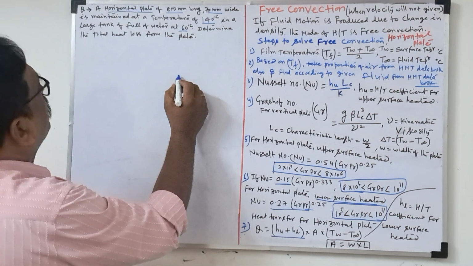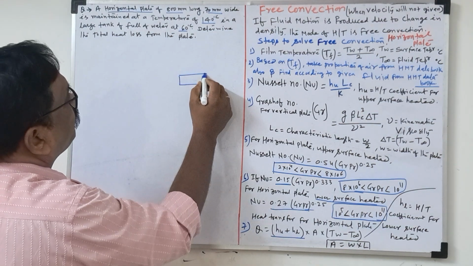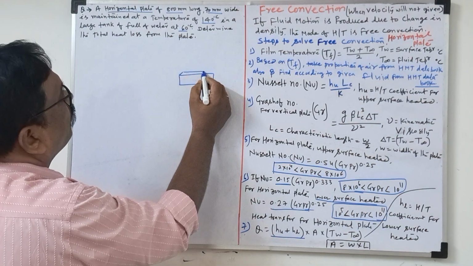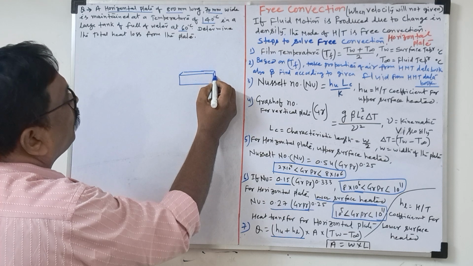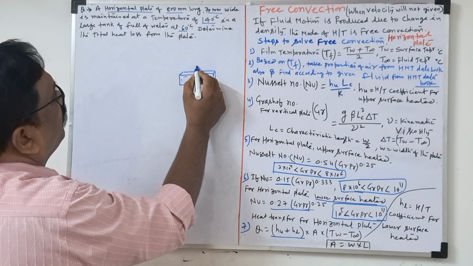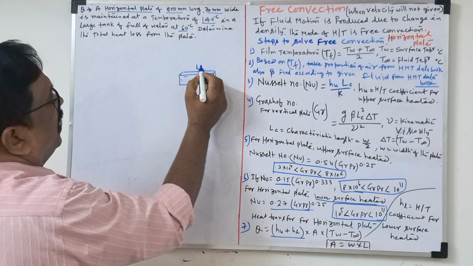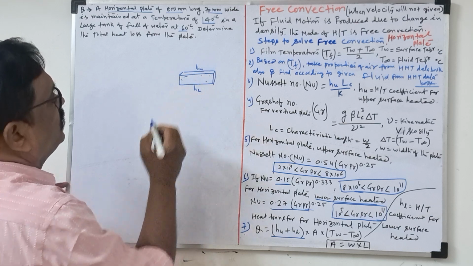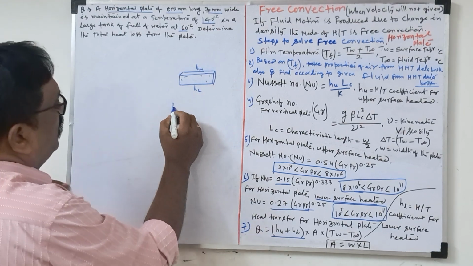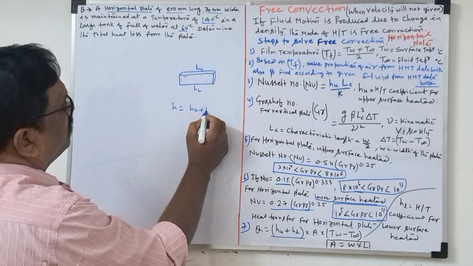So the horizontal plate will be there, in a tank full of water. We have to find the heat transfer coefficient of the upper surface and the heat transfer coefficient of the lower surface. Then the total heat transfer coefficient will be HU plus HL.